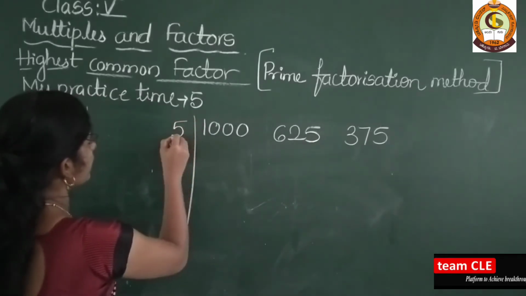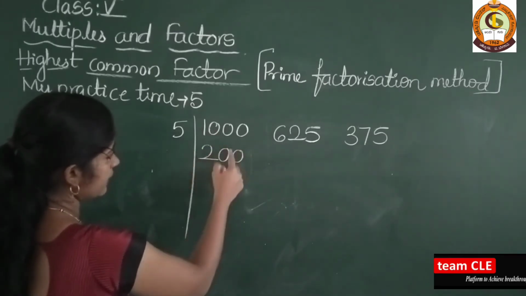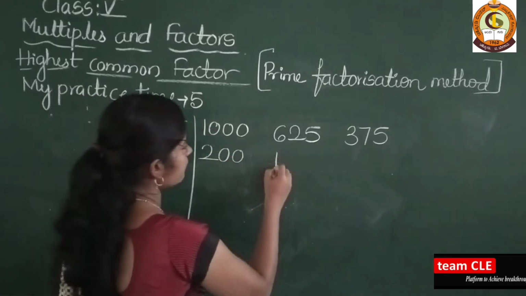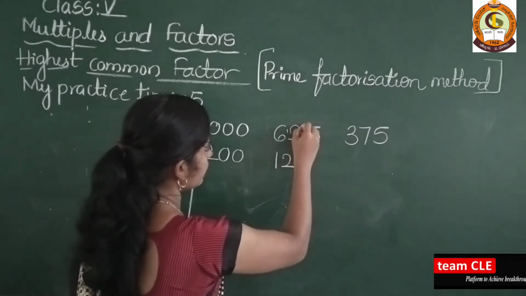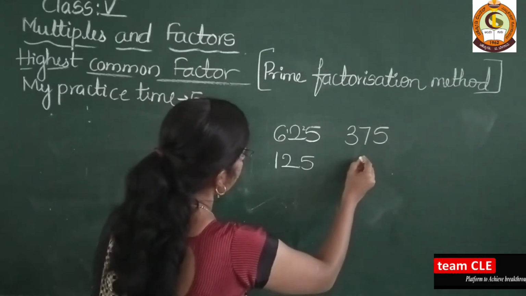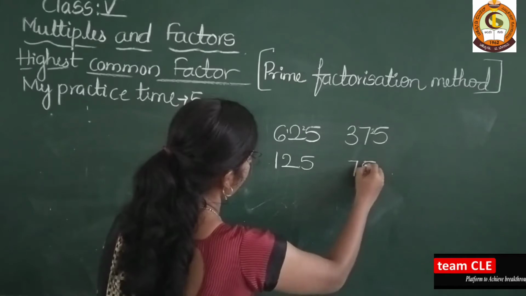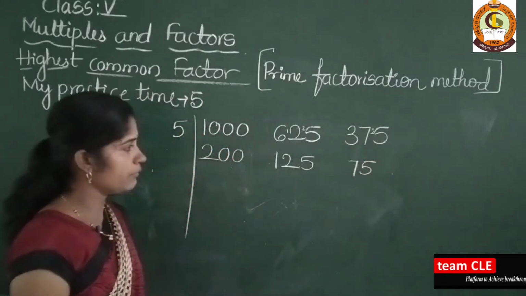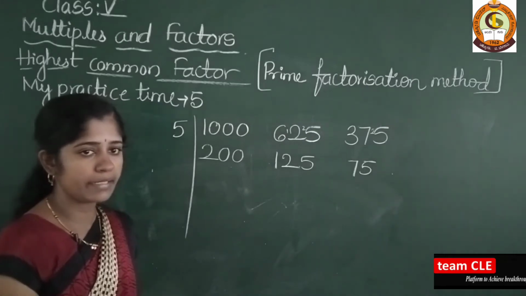So take 5: 5 twos are 10, keep the zeros. 5 ones are 5, 1 remains, 5 twos are 10. Again 5 seven are 35, 5 fives are 25. If you are getting confused, divide the numbers separately and write that.